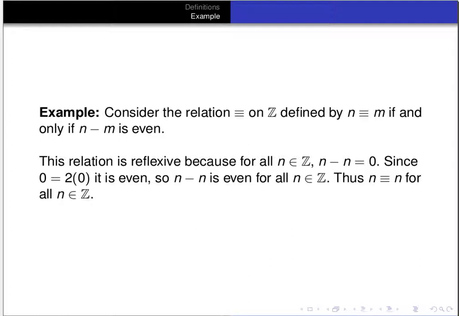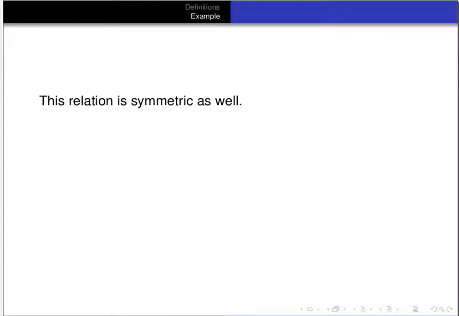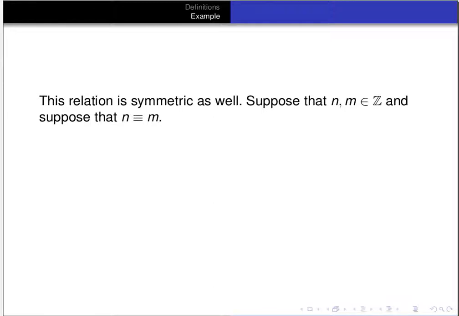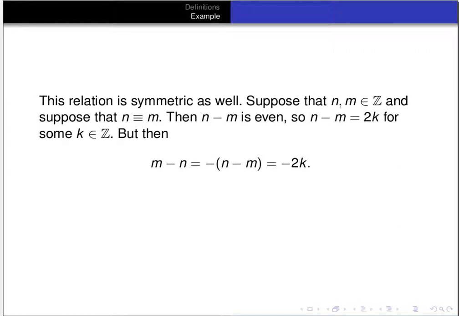Now we have to show that the relation is symmetric. To see that, let's suppose that we have two integers n and m, and let's suppose that n is related to m. That of course means that n minus m is even. So there is some integer k so that n minus m is equal to 2k. But then we can just multiply by -1 and get m minus n is equal to minus (n minus m), which is minus 2k.